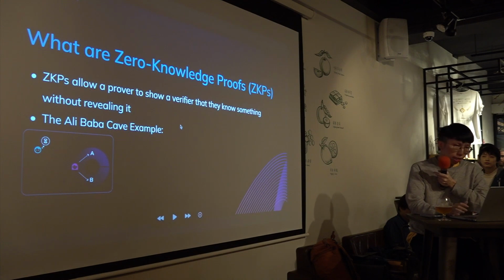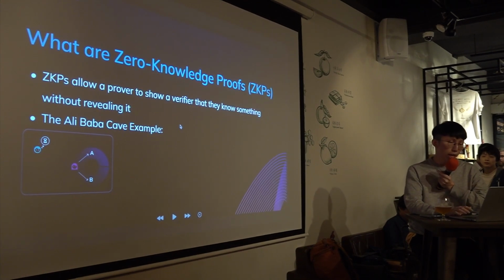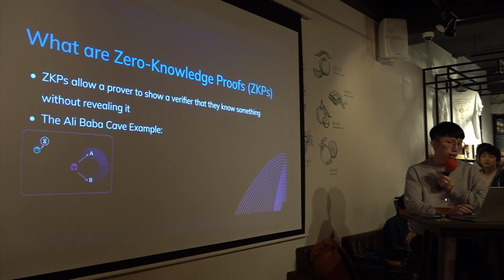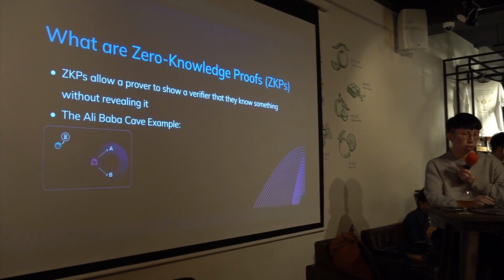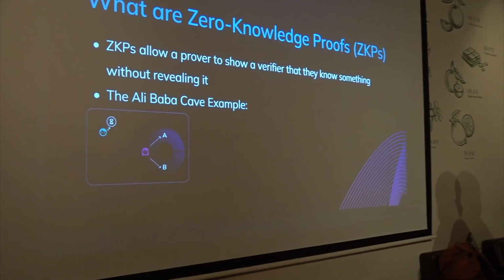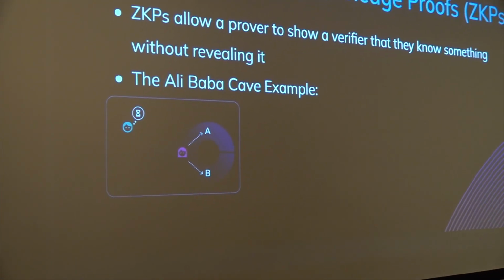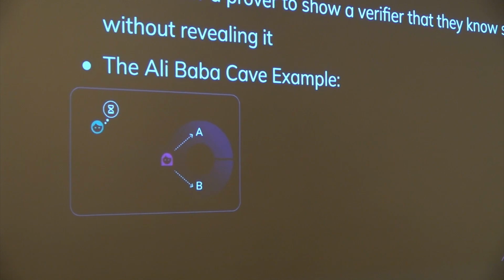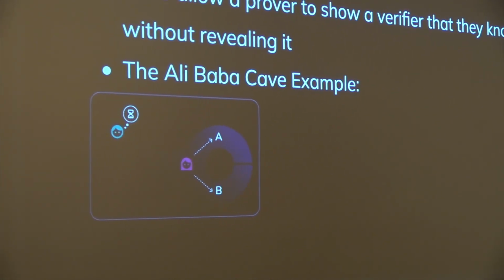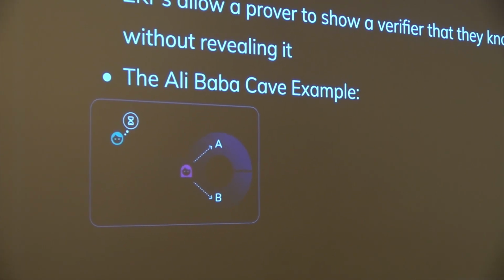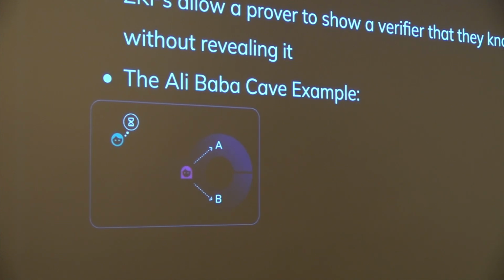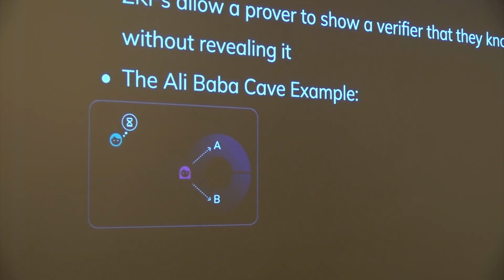So let's suppose there's a cave with two entrances, entrance A and entrance B, and there is this girl, Alice, who is trying to show the verifier, which is Bob, that she knows that there's a back door between these two caves and she can get through the back door. But she doesn't want to let Bob know how she got around this cave.